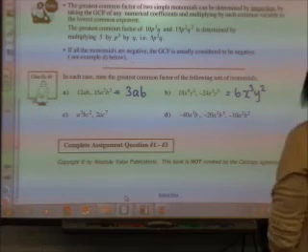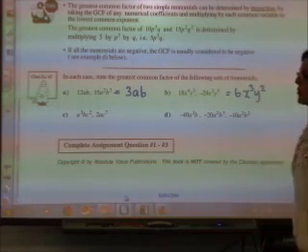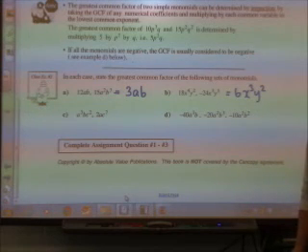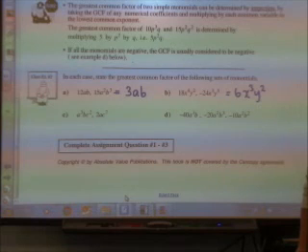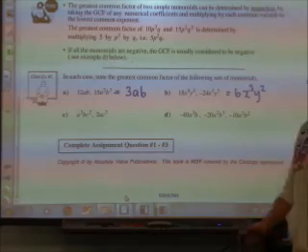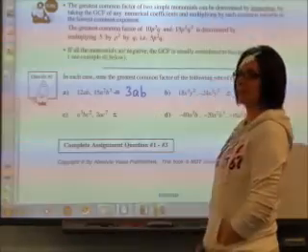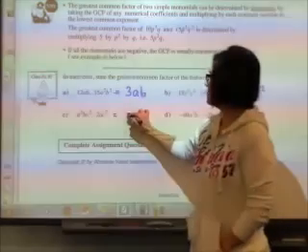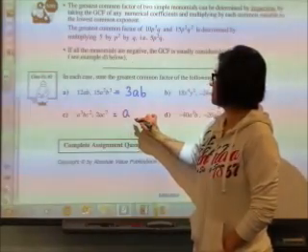So what's my greatest common factor for a cubed bc squared and 2ac to the power of 7? So what number do they have in common? Do they have a 2 in common or a 1 in common? A 1. Do I need to put the 1 there? No. Okay, what about the letters? A, b squared. A, b, a, c squared. A, c.